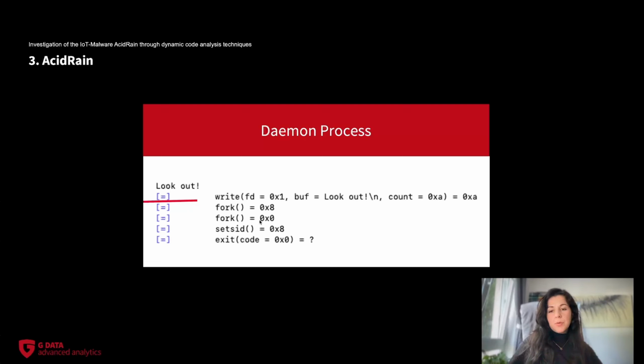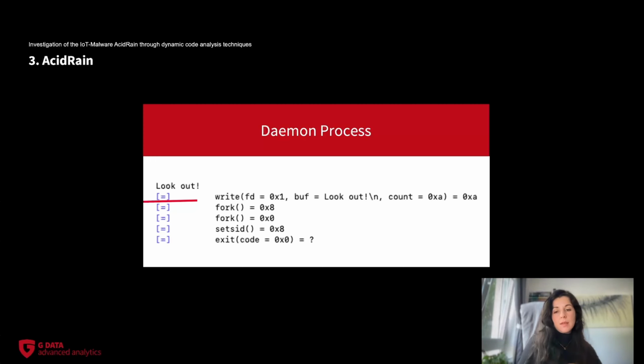After that, AcidRain uses the fork syscall to create a new process. This means he creates a child process.